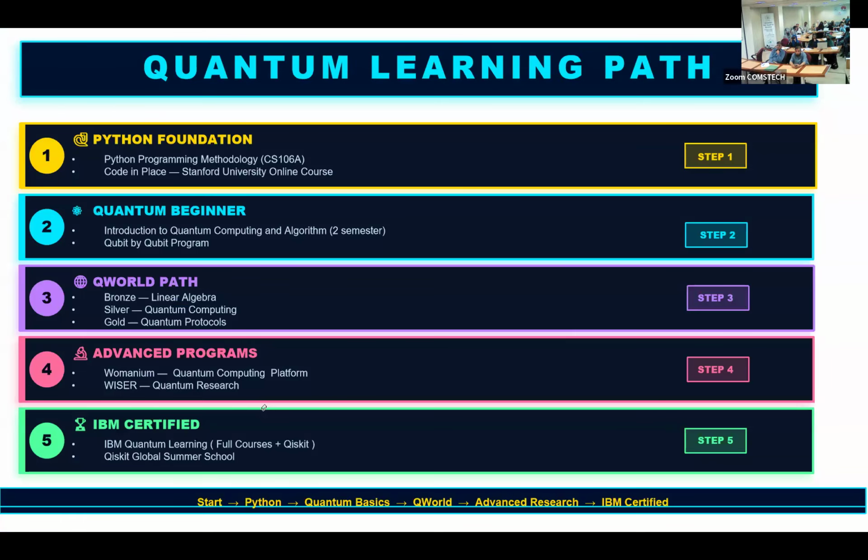I have done all these courses and I would highly recommend you go do these courses and learn quantum computing yourself. The first course is from Stanford University. This course was basically made online during COVID because people were sitting in their homes and they wanted everyone to study new stuff.